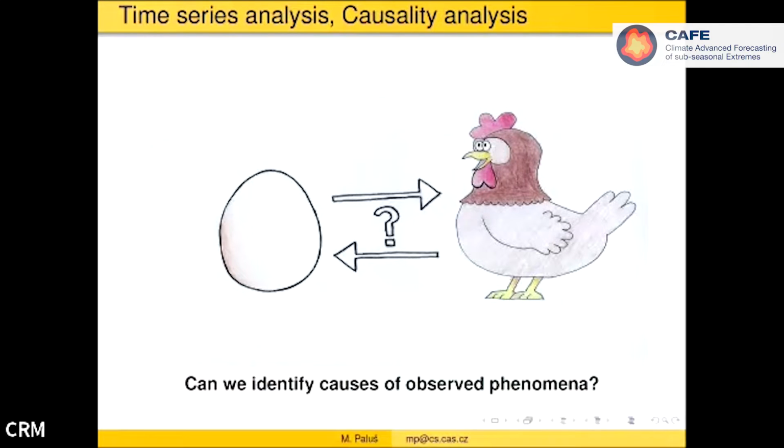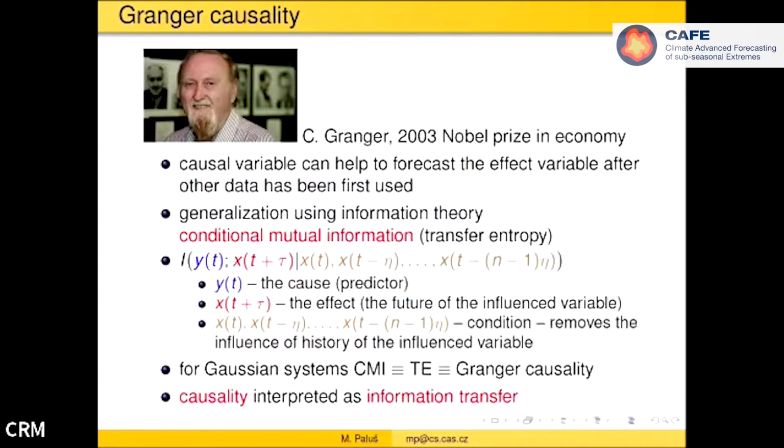So now we come to the question of causality. This idea, which comes from the father of cybernetics, Norbert Wiener, and was formalized by Sir Granger, is now called Granger causality.